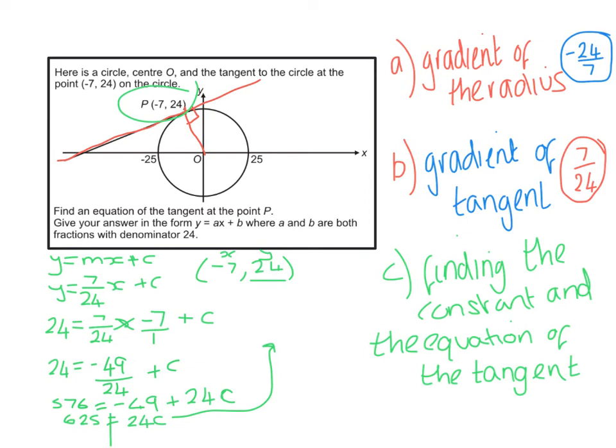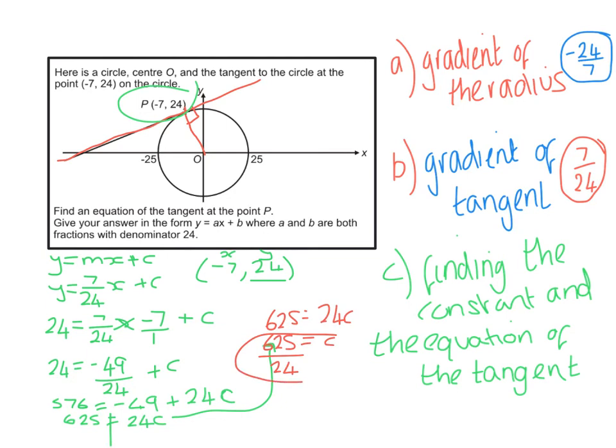So far I've got 625 is equal to 24c. I want to know what c is, so I need to divide both sides by 24. So c is 625 over 24.